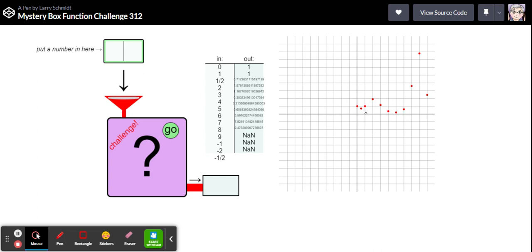In the very beginning, I was thinking maybe this is in that pattern of exponentials because we've been having some of those as challenges for the last couple of weeks. And those points 0 and 1, anything to the 0 power is 1. And then 1 was also 1.